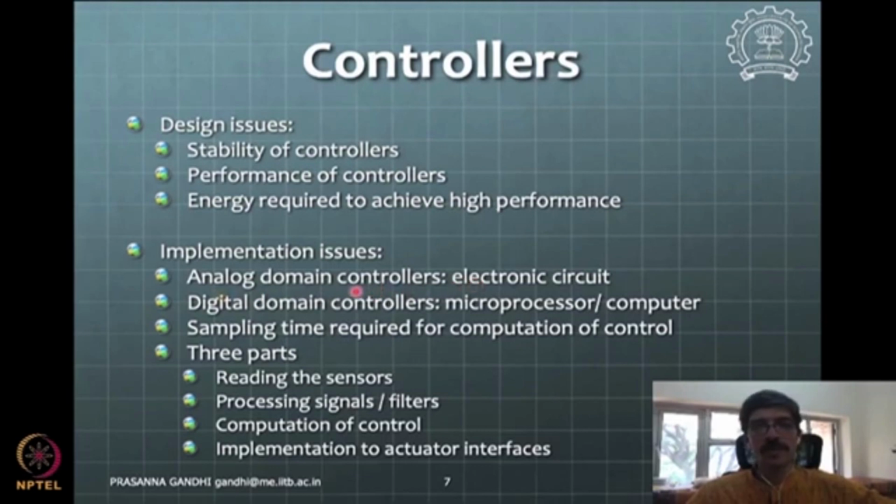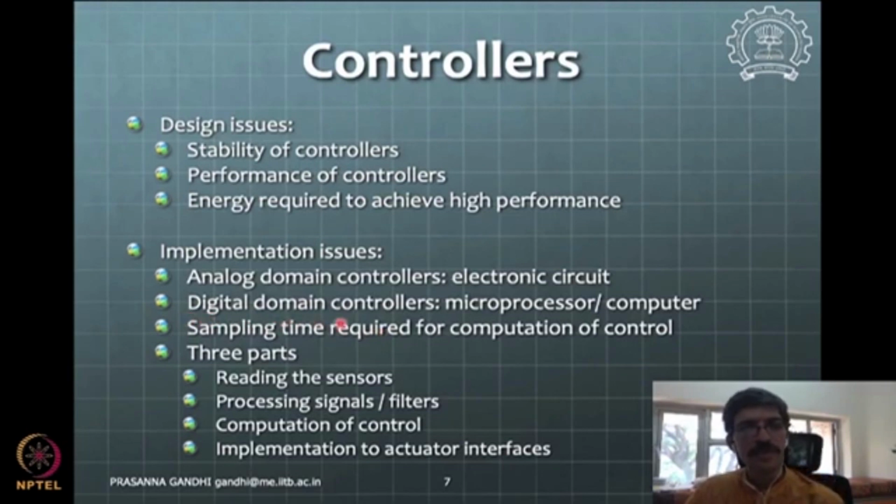Also, for the cost, nowadays, because microcontrollers are available at such low cost, implementation of a digital domain controller is comparable in cost to the analog domain implementation, and it provides additional flexibility: just change the program and your control algorithm will change. That kind of flexibility is offered with digital domain controllers. So you will go for that.